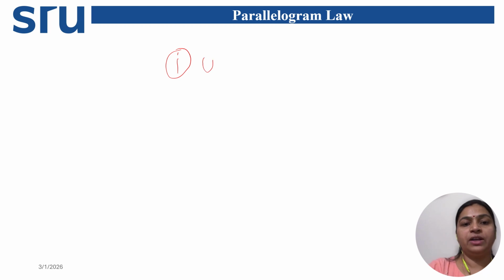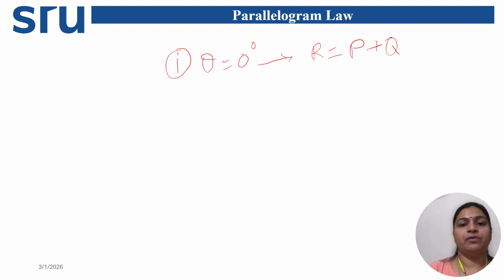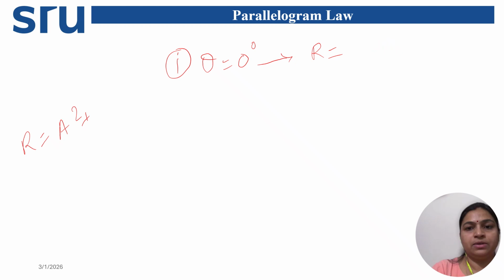that if theta is equal to 0 degrees, then the resultant will be r is equal to p plus q, because our formula for r is equal to the square root of a square plus b square plus 2ab cos theta.